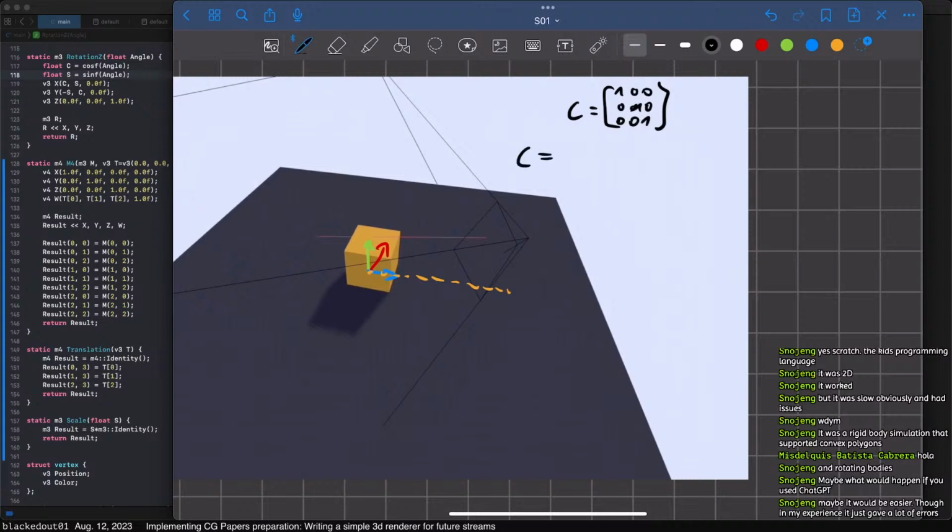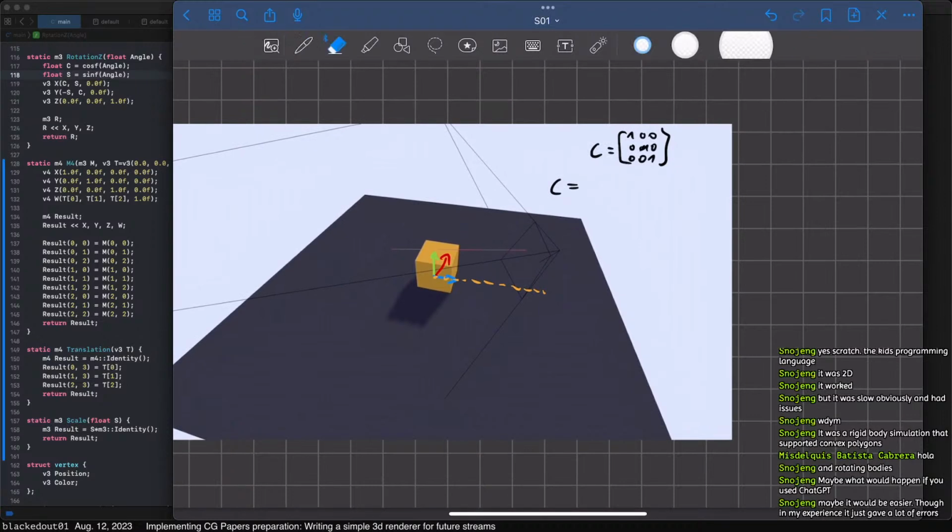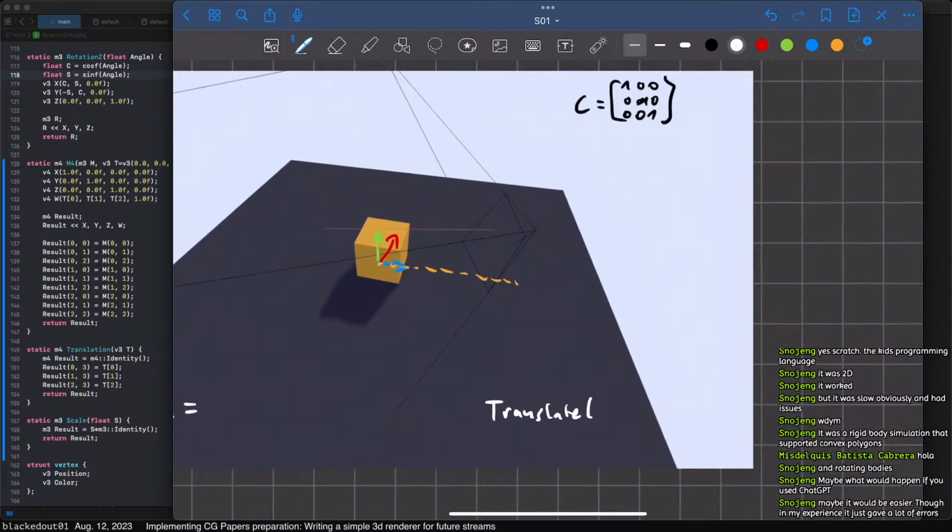So first, maybe I need a little bit more space for this. The first thing I want to do is translate the camera. And I just want to translate in the Z direction, because the camera will still look in this direction after the transformation.